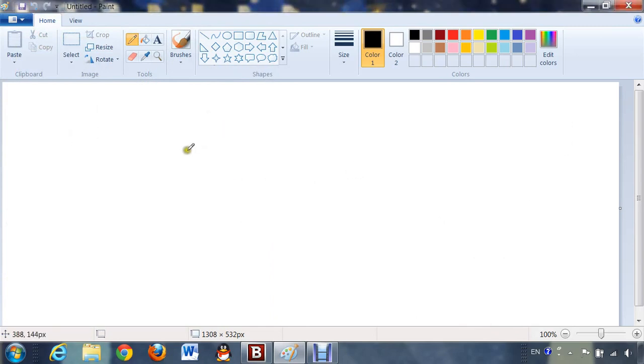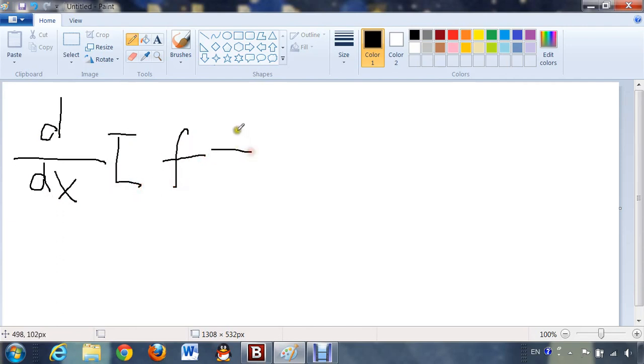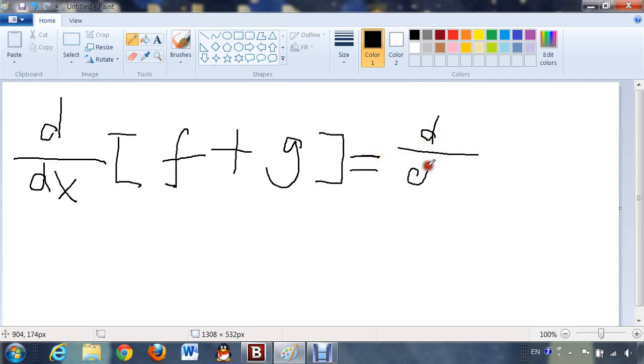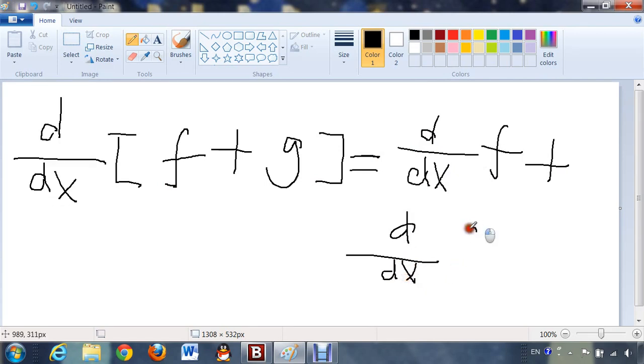Besides that, we also have the derivative of two functions added together. We have function f plus function g, and it looks like distribution, which is just the derivative of f plus the derivative of g.